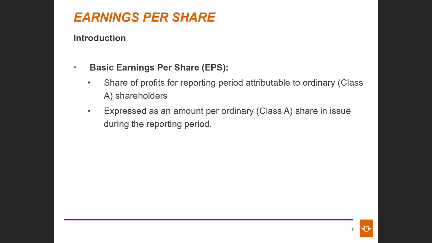So the ratio is expressed as an amount per ordinary share in issue during the reporting period. We're going to take our total basic earnings, which is a function of our profit, and divide this by the total number of ordinary shares in the reporting period.